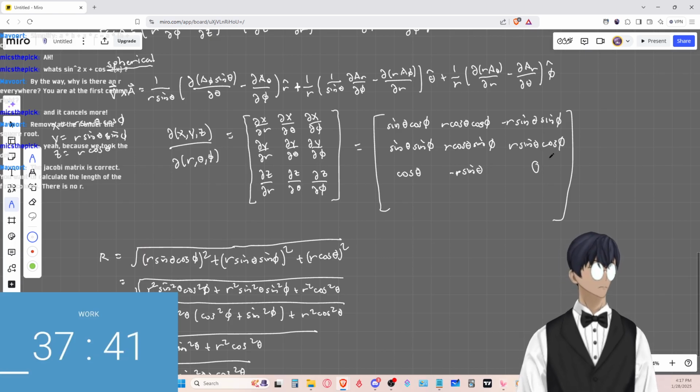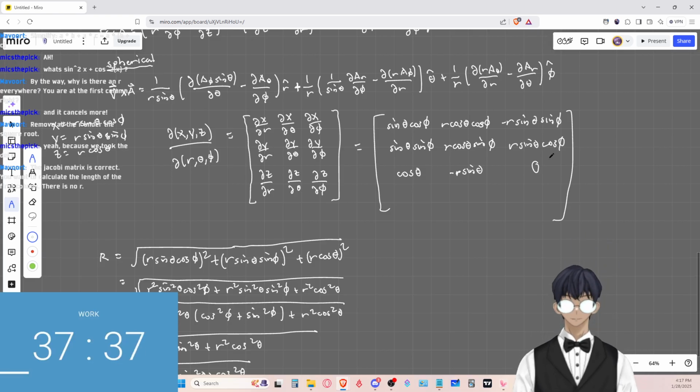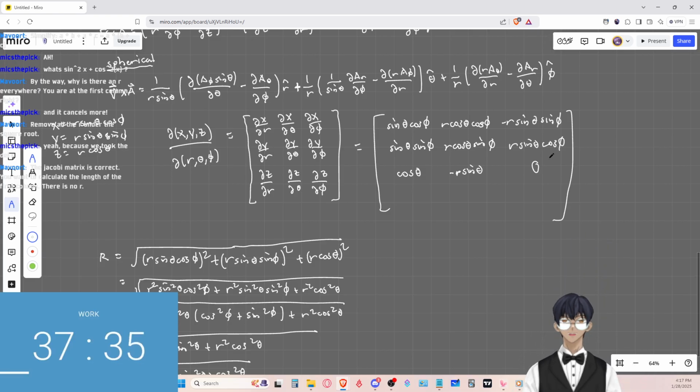The Jacobian is correct. You want to calculate the length of the first column. Okay, the length of the first column. So then basically we would have to take away. So this should be fun.